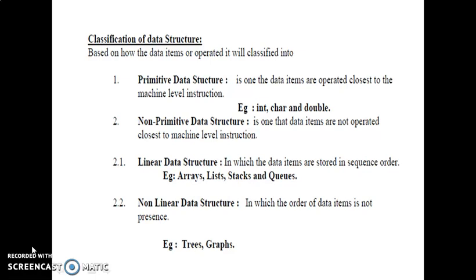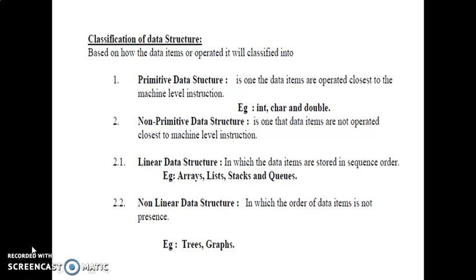It is one whose data items are operated closer to the machine level instructions. Example: integer, character, double. A non-primitive data structure is one whose data items are not operated closer to the machine level instructions.